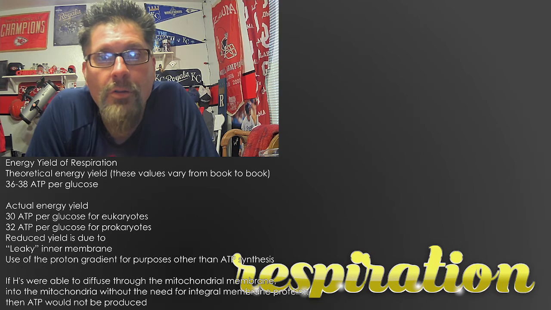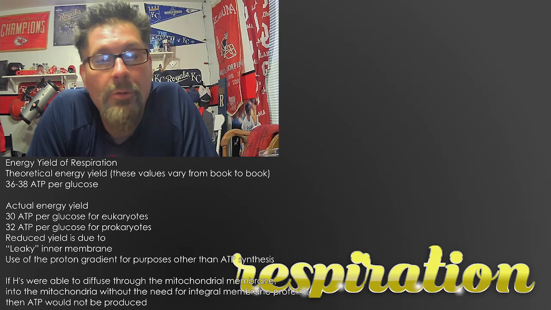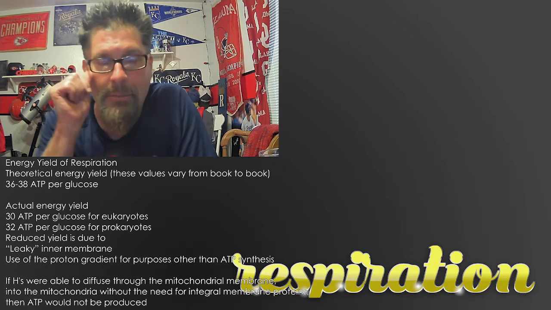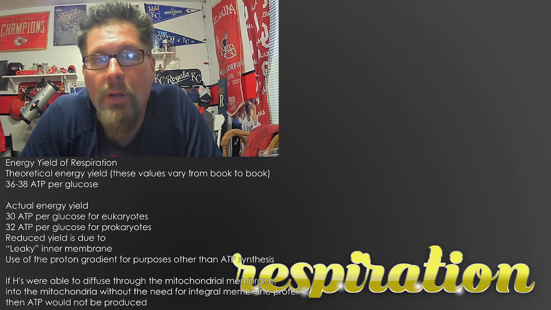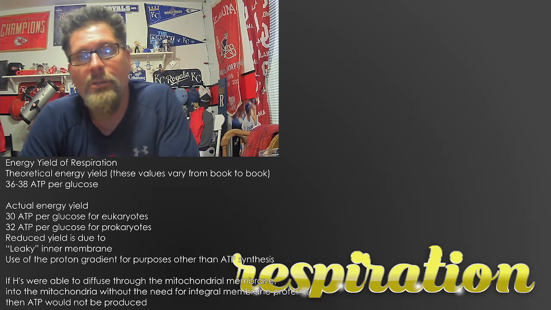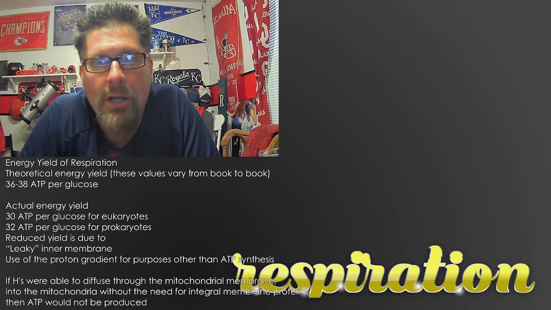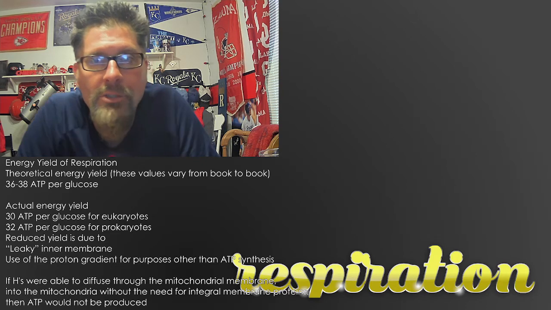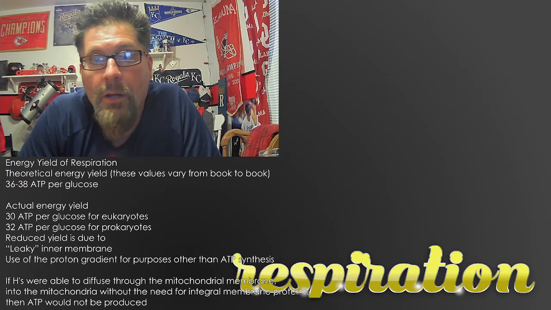That reduced yield happens because sometimes the membrane lets things slip through and they don't go through the proteins like they need to. Things just happen, to where an H+ will get away, and so not all the ATP that could have been made is made. It's just like with your DNA. There are things in place to make sure that there are no mistakes when they're pairing the nucleotides together, but mistakes happen, mutations occur because of that, and things like that.